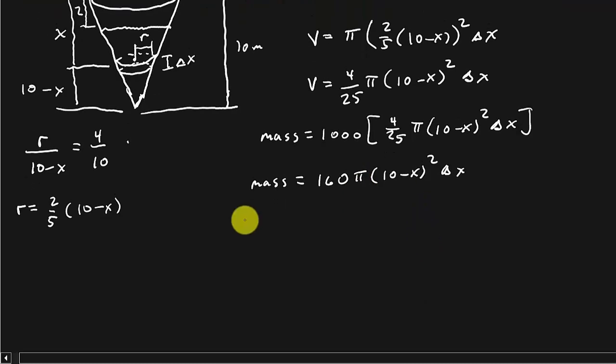So now we can get the force, which is m times g, mass, which is 160 pi times 10 minus x squared delta x, times the acceleration due to gravity, which is 9.8.